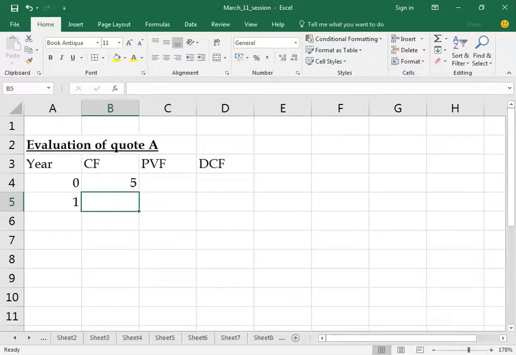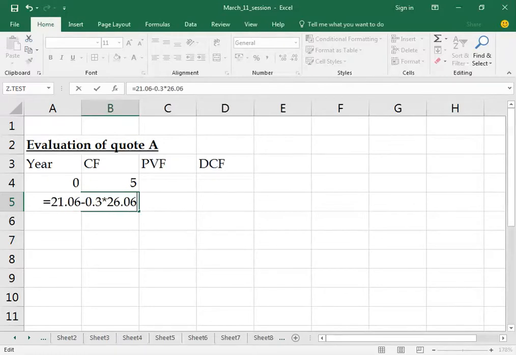What is that payment? 21 plus. Anything else to be considered? Tax on 26.06: 21.06 minus 0.3 into 26.06. Why 26.06?